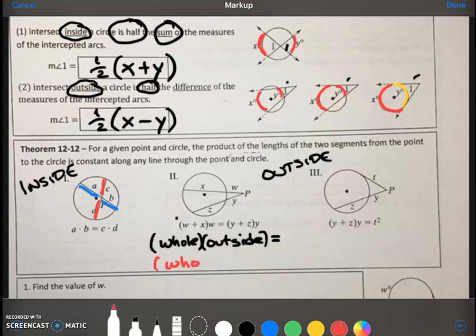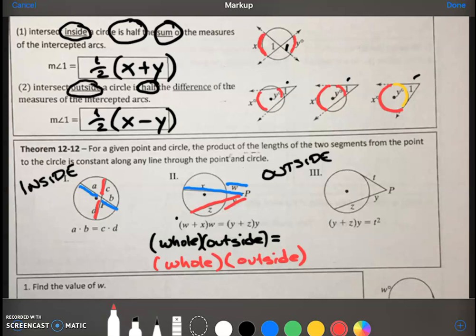I'll just use different colors, but that's the same with picture 2 and 3 here. So you would take the whole line in blue times just the outside portion in blue. The whole line in red is equal to the outside portion, times the outside portion. So you take the whole line times the outside is equal to the whole line times the outside.